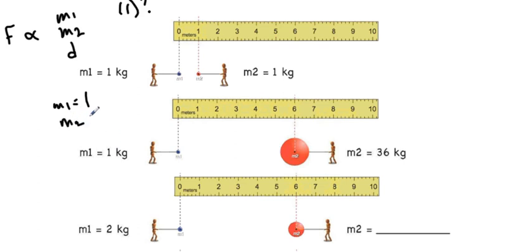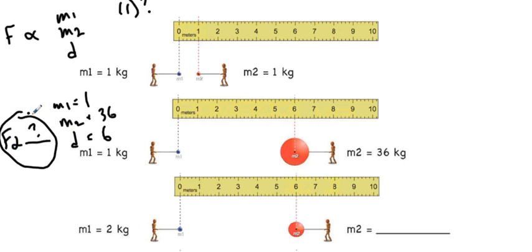M2 is becoming 36 times bigger. And the distance here has become 6 times bigger. So whatever you have here for force directly related to something, you'll make M1 a value of 1, M2 a value of 36, D a value of 6. Then that'll give you how much greater the force is.